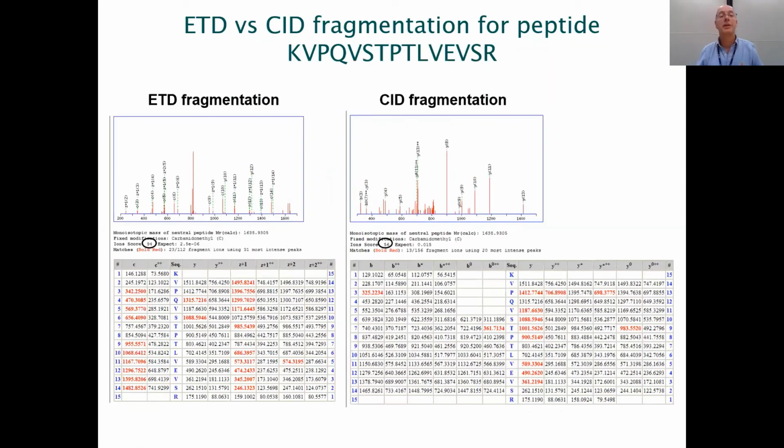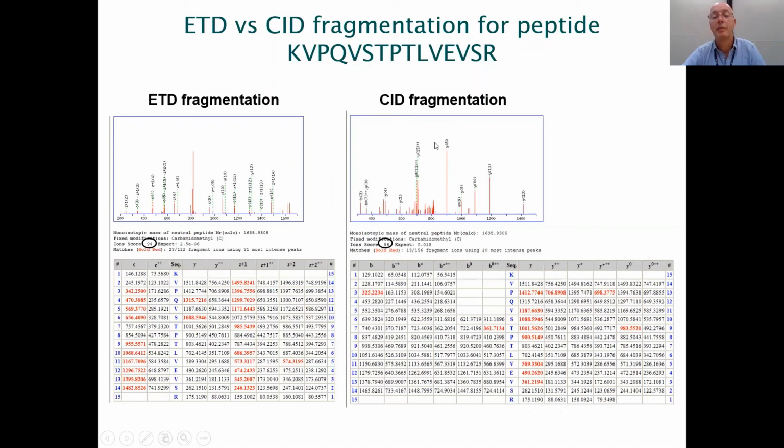Here's a comparison of ETD versus CID fragmentation for the same peptide. And you can see that random fragmentation for ETD generates roughly the same intensity for the different ion species. Whereas with CID fragmentation, you can see you've got some good signal here and then nothing.